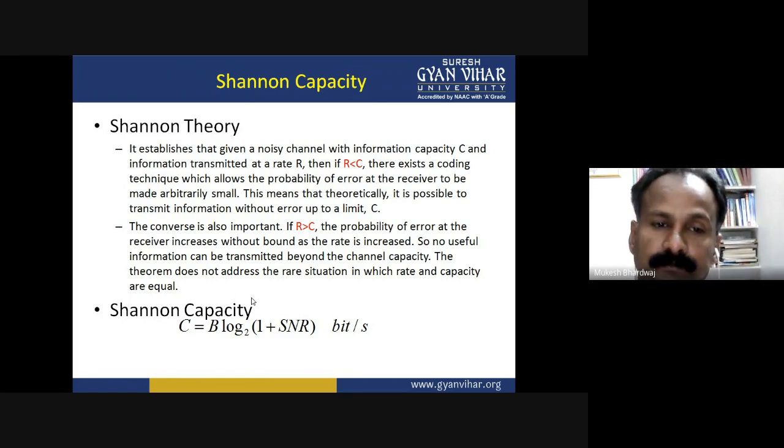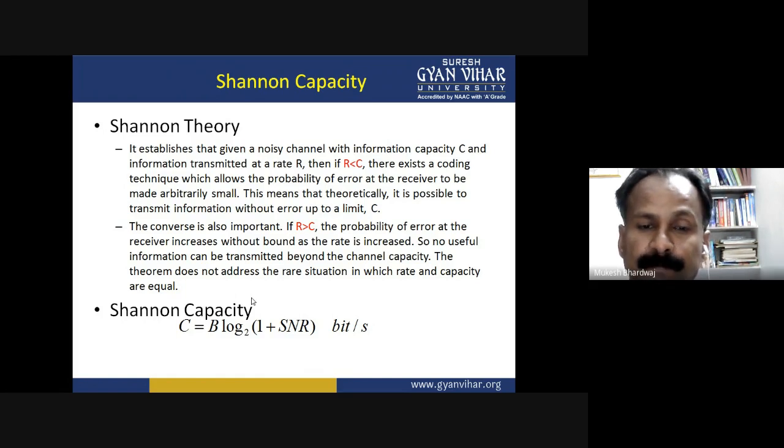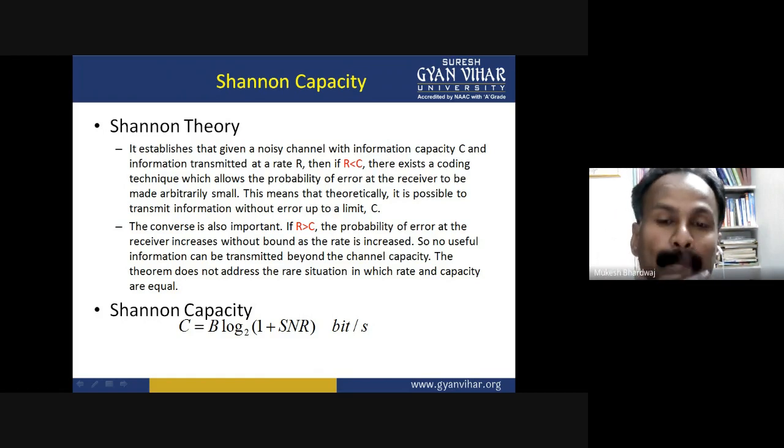So, the converse is also important. If R is greater than C, the probability of error at the receiver increases without bound as the rate is increased.